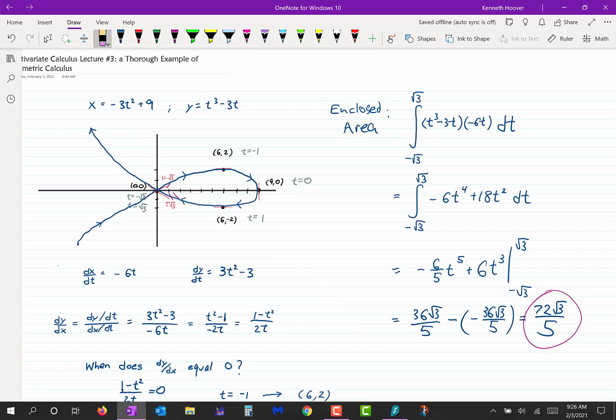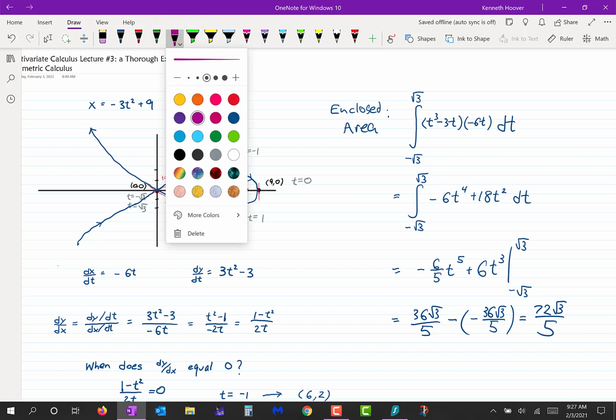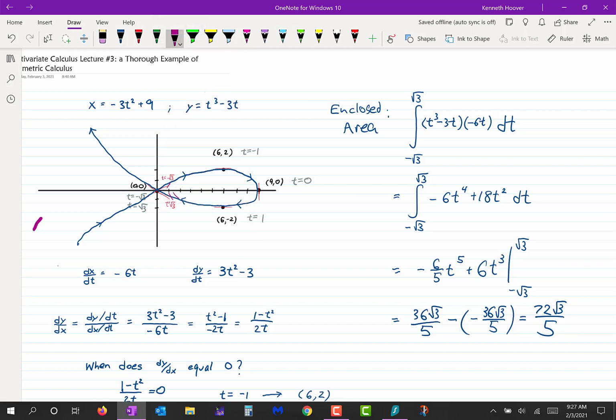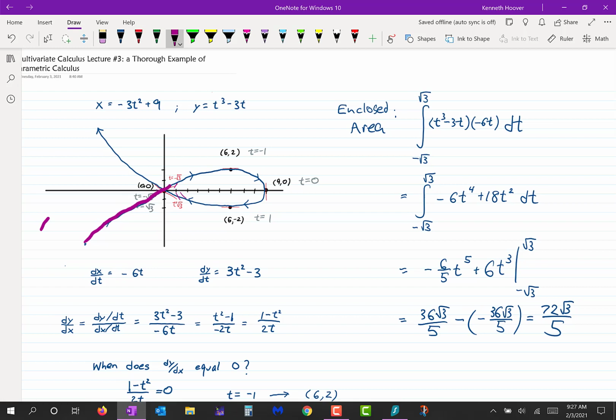Remember, t is changing as we go along. And remember, it's starting here and it's going that direction. So what I'm going to do is I'm going to make a nice thick purple line here. And we're going to follow this along. Our curve's coming along this direction, okay? Coming along, coming along. Now, it starts the loop right there. It's doing this loop.